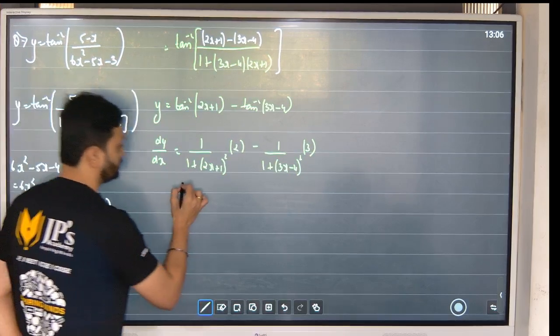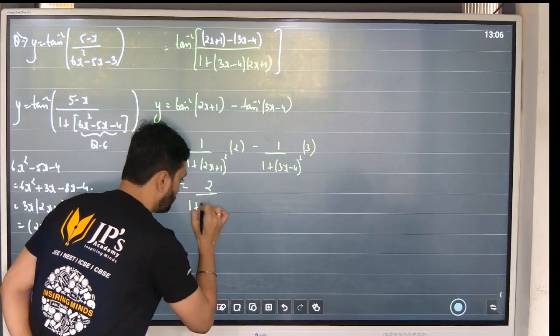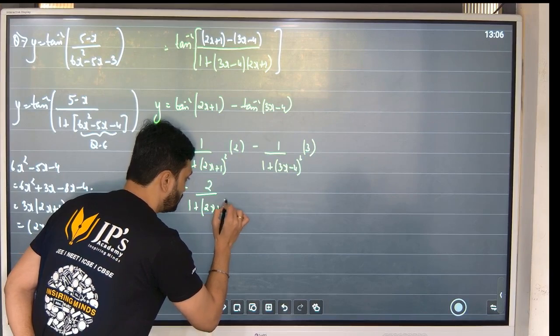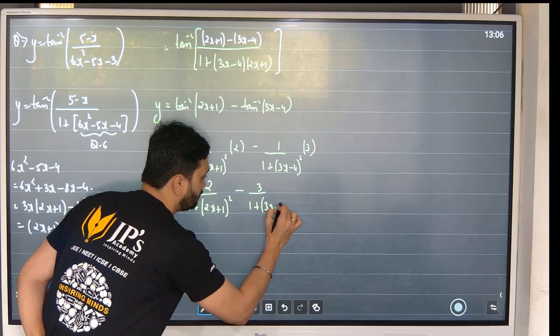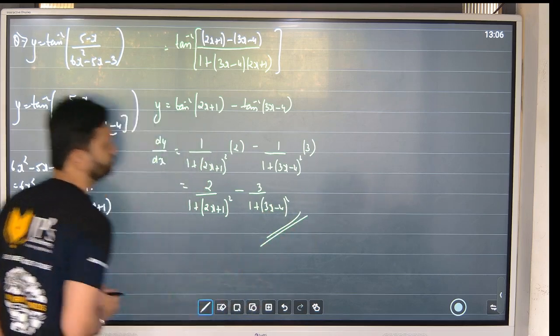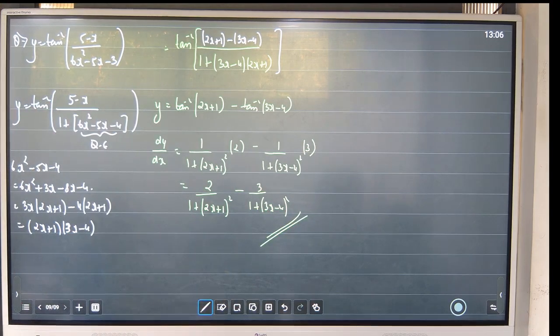So my final answer is 2 upon 1 plus (2x plus 1) the whole square minus 3 upon 1 plus (3x minus 4) the whole square. Have you guys understood this? We'll be starting with the types from Monday.